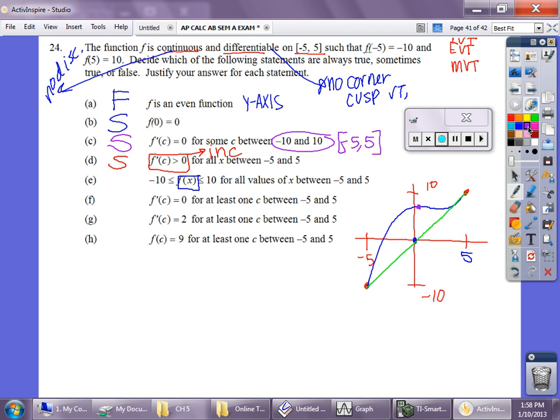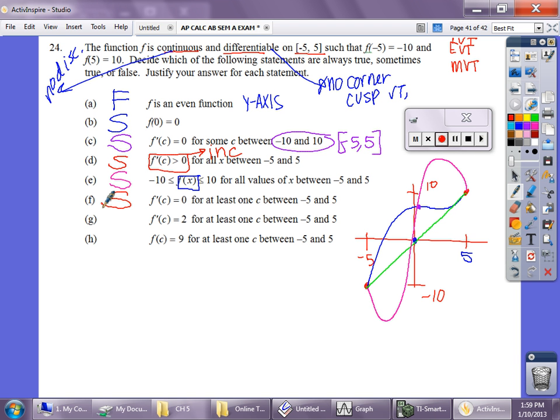It's tricky because it kind of seems like it's talking about IVT, but if you look at my pink graph, I can create a graph whose y values go outside of negative 10 to 10, but if you look at my blue and green graph, they stay between negative 10 and 10, so this is also a sometimes. Letter F. F prime of C equals 0 for at least one value. Well, the green graph, it's false, but the blue and pink graphs is true, so this is another sometimes.